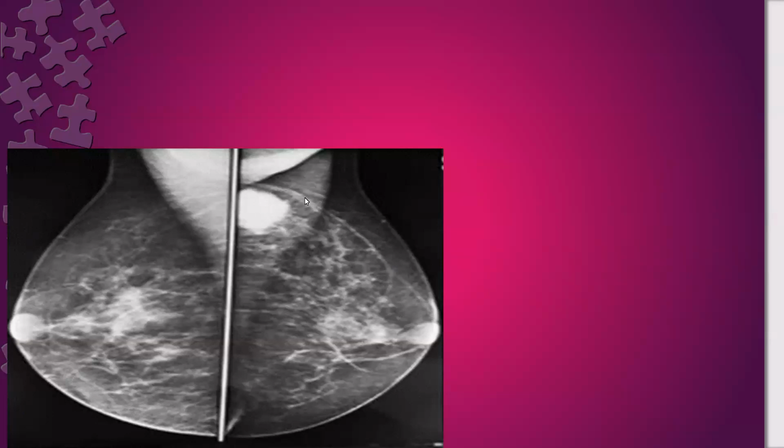It could be a primary mass. Primary where? In the left axilla. Due to what?